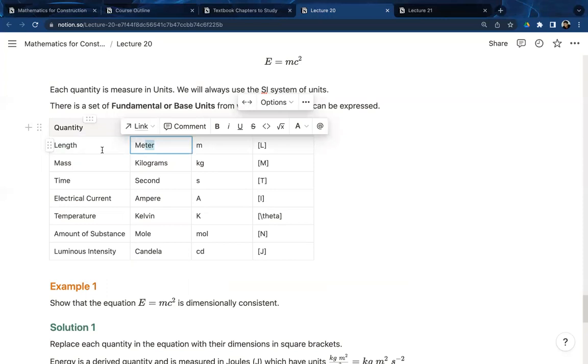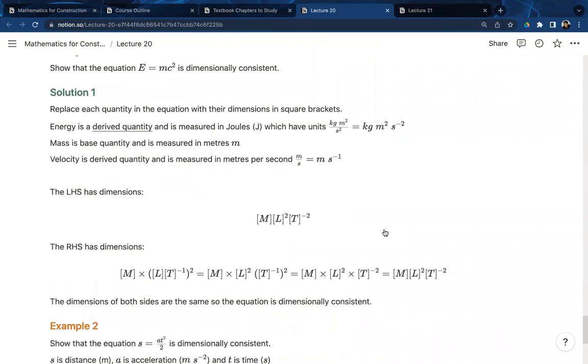Not necessarily length, but it could be perimeter, right? Perimeter is a distance measurement. It's not a basic quantity, but perimeter will be measured in meters. So the dimension is L.